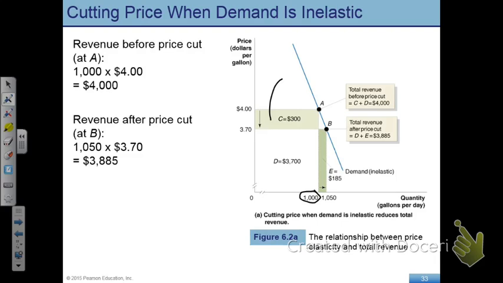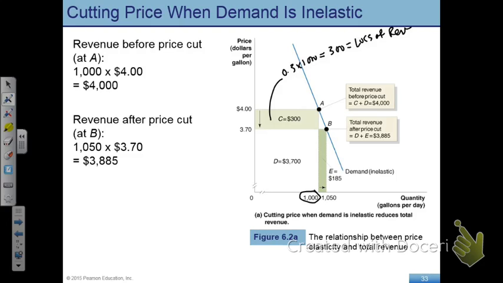When our firm cuts the price from $4 to $3.70, it loses 30 cents on every one of the 1,000 units that they were selling before. So 30 cents times 1,000 units, which is $300, is the loss of revenue from this price cut.